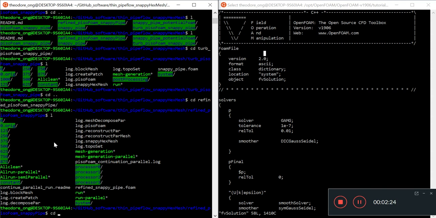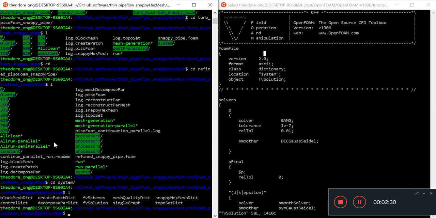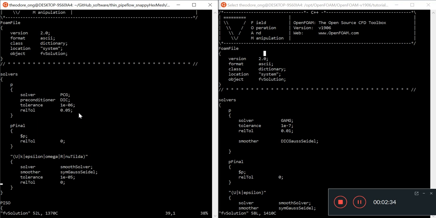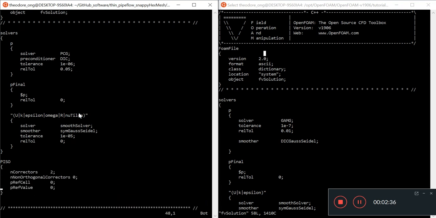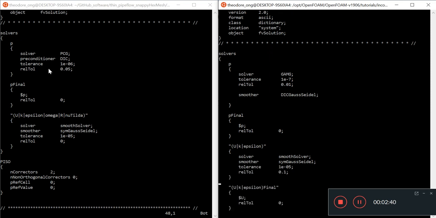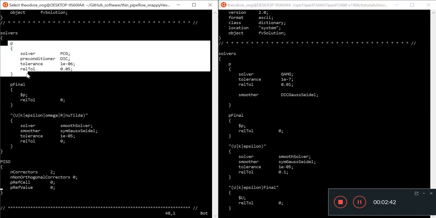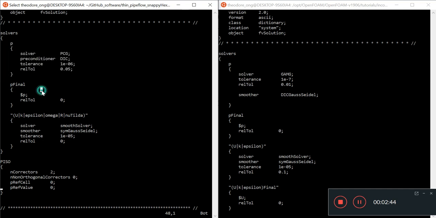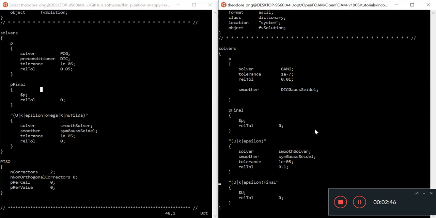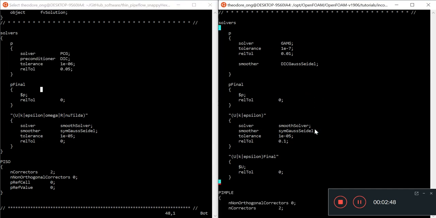We can go to the system directory and we go to fvSolution. We have the solvers. One solver for the pressure, a pressure system of equations that they are solving because they are using a finite volume method.